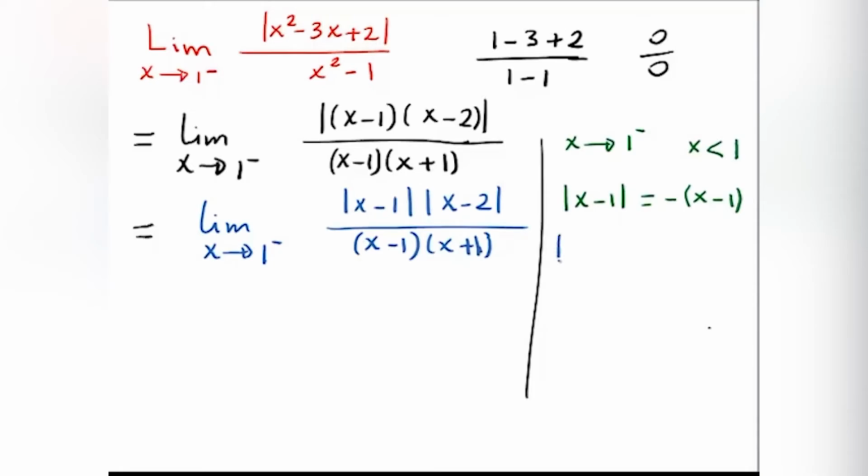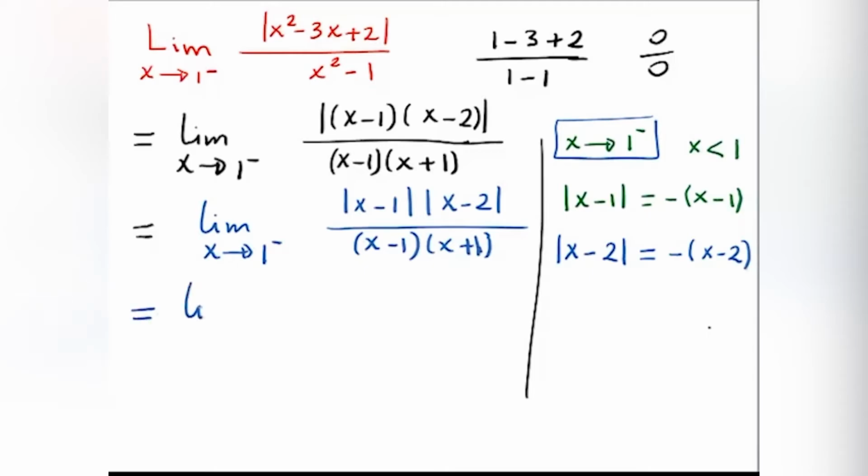Here, the absolute value of x minus 2: when x goes to 1 from the left side, it's just less than 1, so the quantity inside the absolute value is negative, and therefore it's going to be multiplied by negative 1. So it will be negative x minus 2. I'll put these values now in the limit.